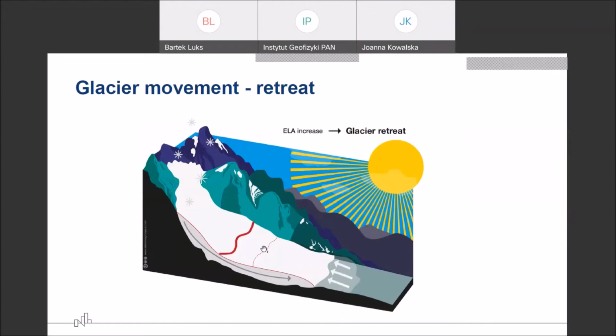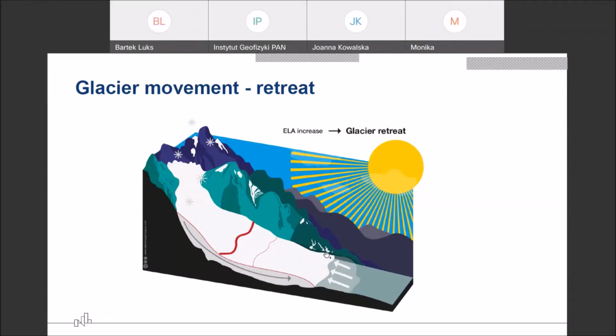When ELA is increasing, there's less snow, there are higher temperatures in this part, and it's melting out. This lower part is melting out, and it's called retreat, and it happens to most of the glaciers in the world now.